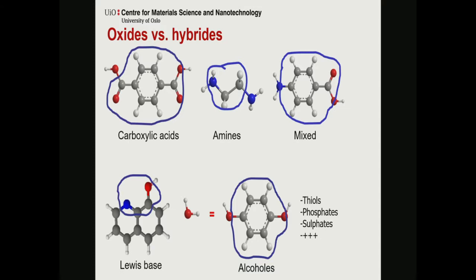The carboxylic acids, if you leave this, that's also water. And this here is just another version of ammonia. You know that works. You can combine it, so you get mixed types of chemistry. And you can also consider this as a loose base, see if you can play with it. So suddenly, if you expand in this direction, you have a much wider plethora of chemistries for the anion side. So you can build on that.